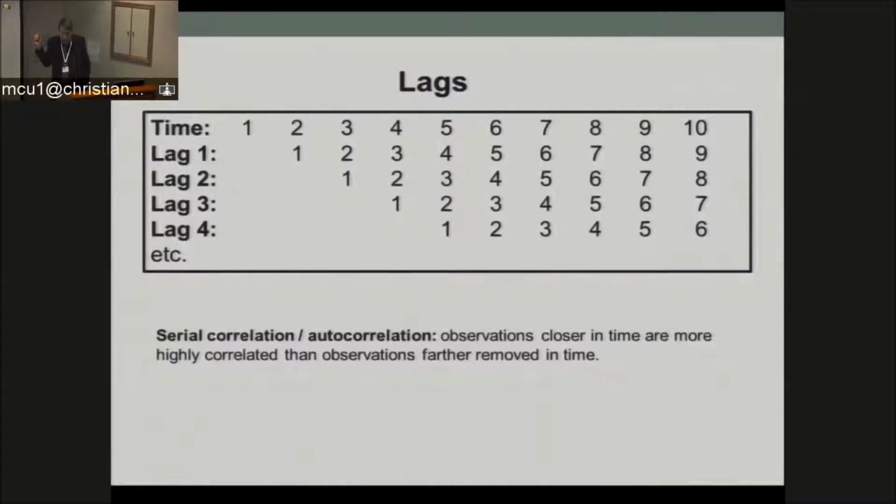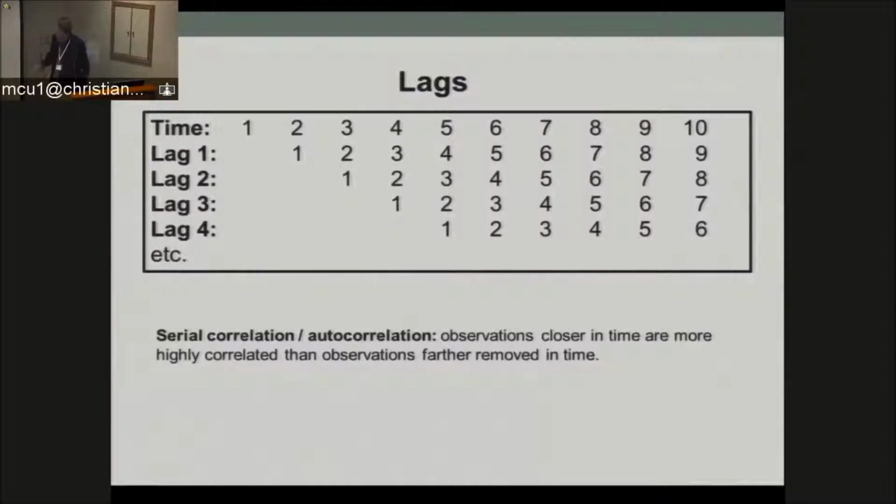The second lag is correlating time 1 with time 3, time 2 with time 4, and you can go through the whole time series this way. And so you get a correlation between the pairs at the different lags.